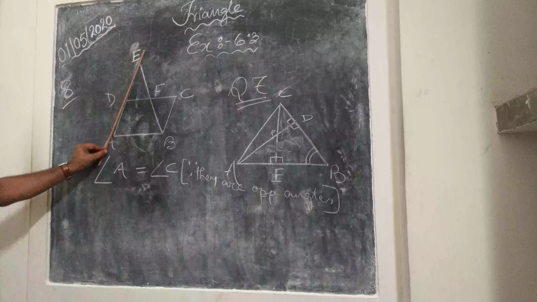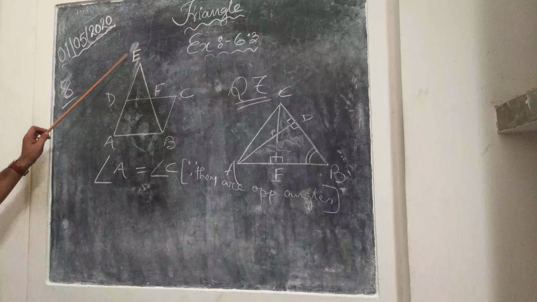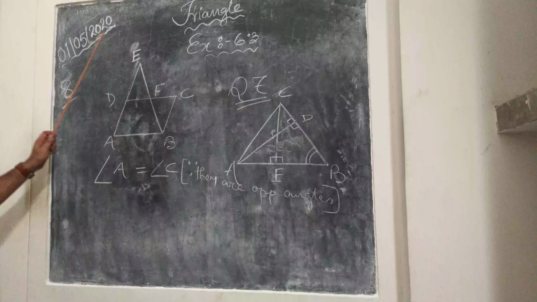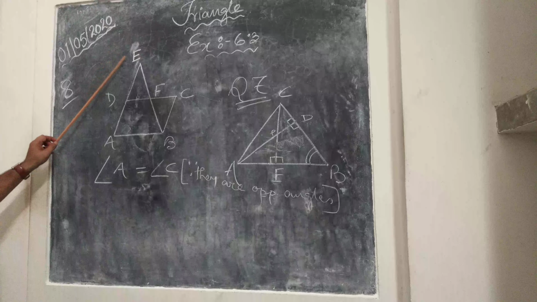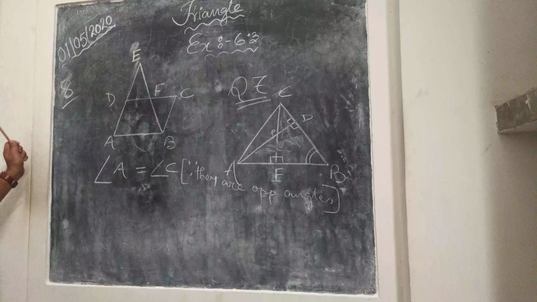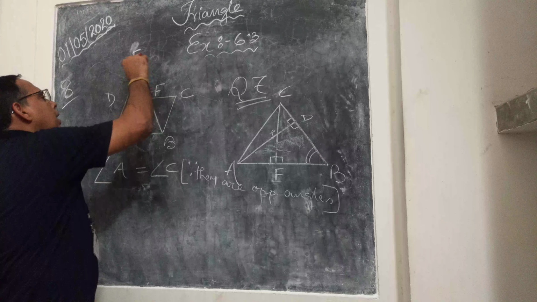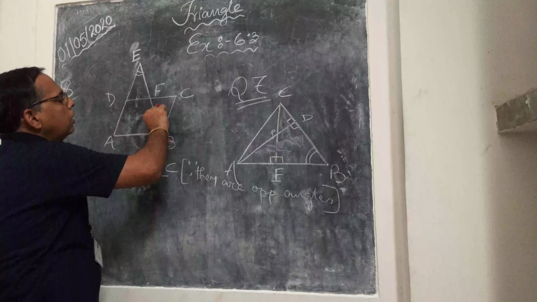So AE parallel to BC and EB is a transversal. Once again you see AE parallel to BC, BE is a transversal. Therefore, angle AEB equals angle CBF.